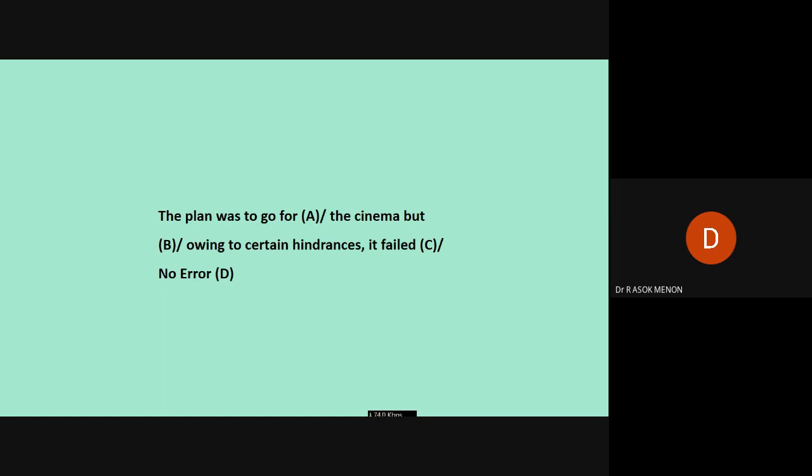No, it has failed is wrong, because you see, let me first of all correct that. Has failed cannot go there, because plan was, that is past. Has failed is present. Past and present don't go together in the same sentence. So it failed is correct. Both are past.